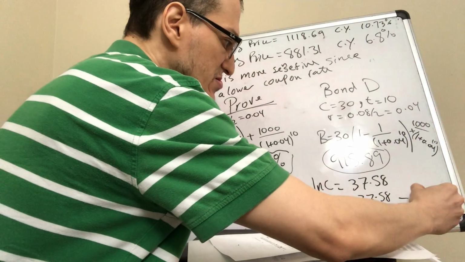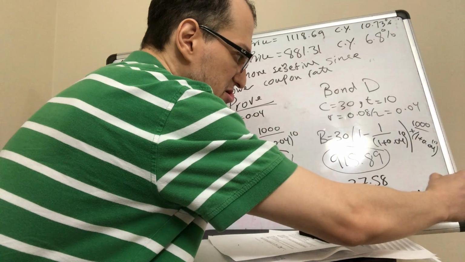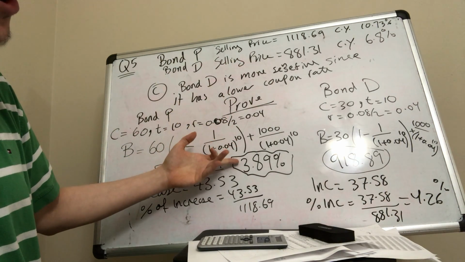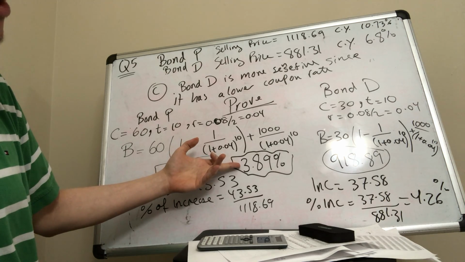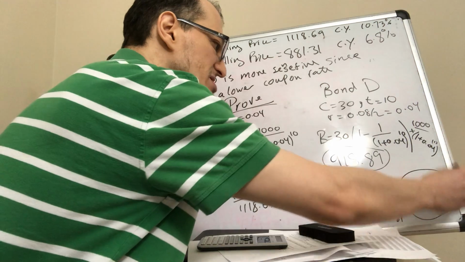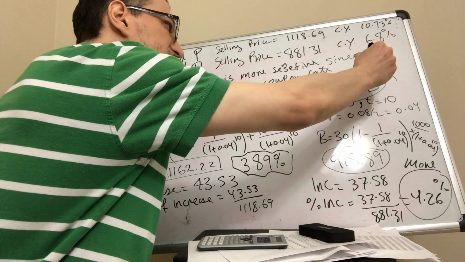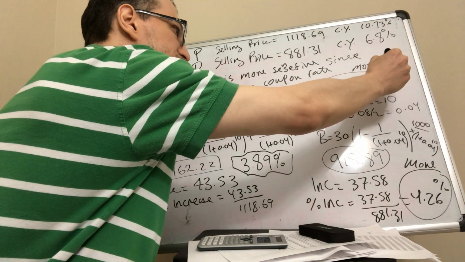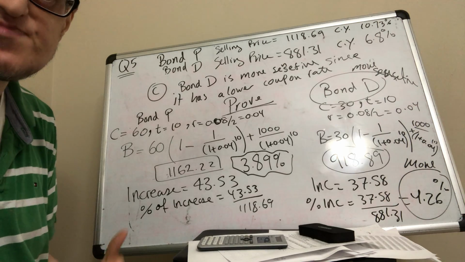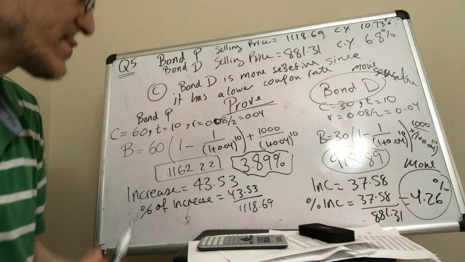And that gives you 4.26% increase. So you see, this one changed or increased by 3.89, but this one by 4.26. This one is more, then this one is more sensitive. It's changing more, so we proved it mathematically and we also talked about it. Okay.